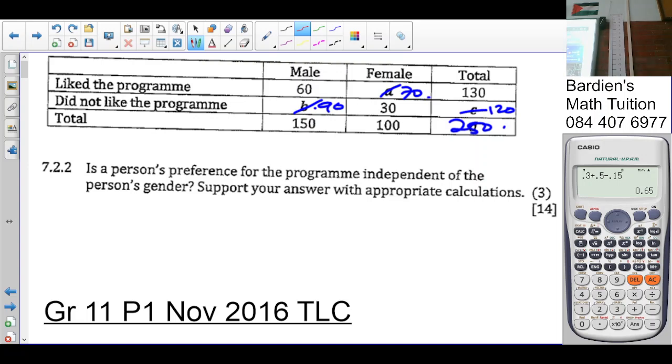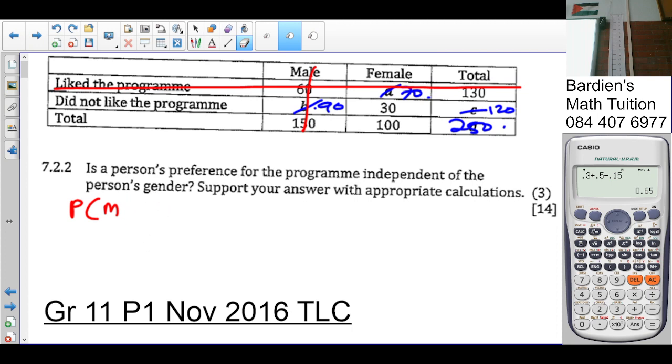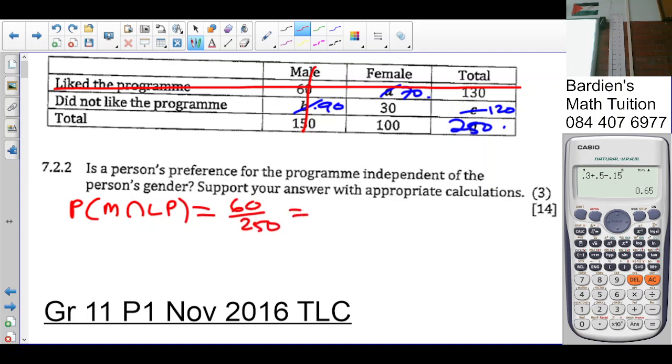So what I do is I say, okay, the probability of a male intersection likes the program is going to be 60 out of 250. Okay? So 60 out of 250 gives an answer of 12 over 50, which is 6 over 25.